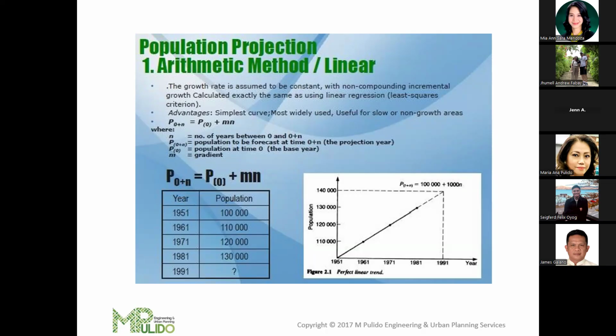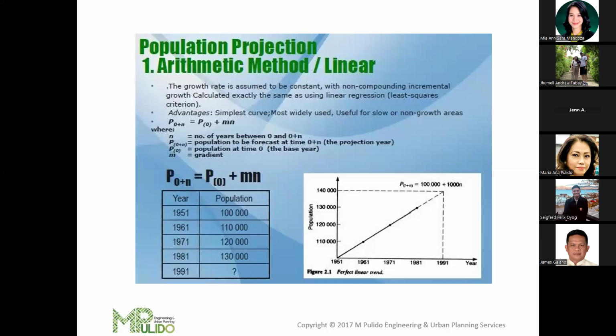It assumes a constant increase in population over time, meaning no compounding, just straightforward addition. And the formula is P0+N equals P0 plus MN, where P0+N is the projected population at a future year, meaning the base year plus N.